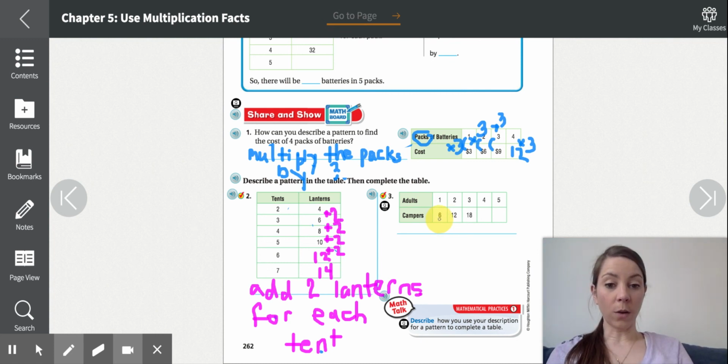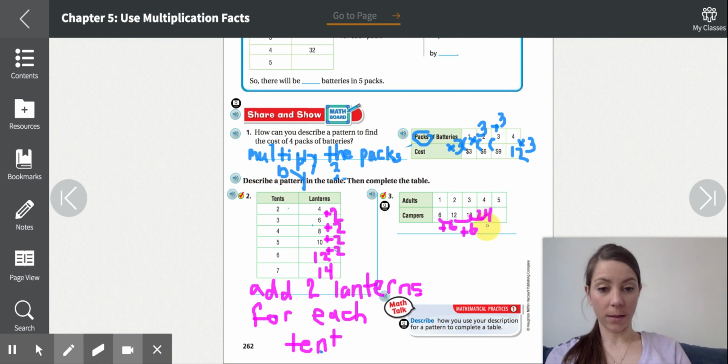So going across, they're adding 6. So I want to keep that going so I can get the last 2. So what's 18 plus 6? 24. What's 24 plus 6? 30.